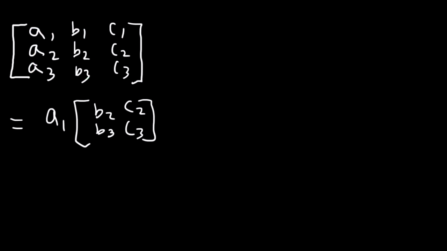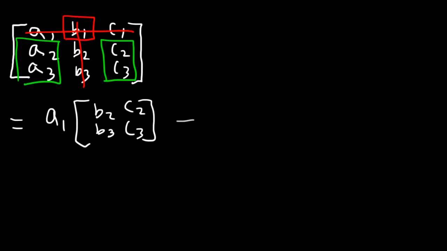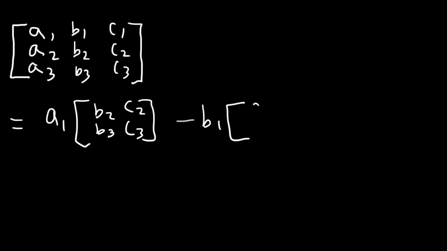Now let's move on to the next one. So it's going to be minus. So instead of using A1, we're going to use B1. B1 is in the first row and the second column. So what's left over is A2, A3, and C2, C3. That's going to be in the next 2x2 matrix. So it's going to be negative B1, and then A2, A3, C2, C3.